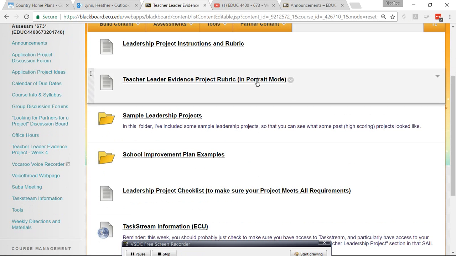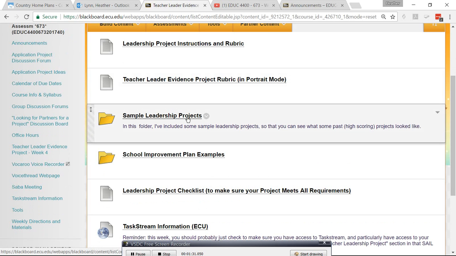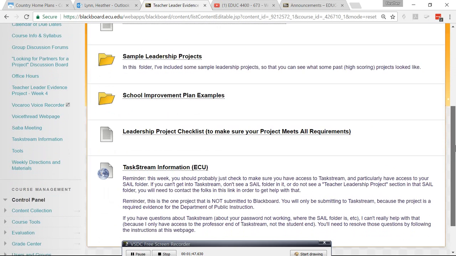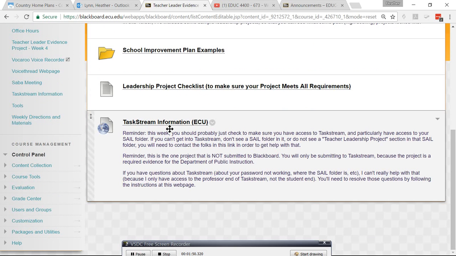Sample projects that give you some basis of what you're creating for your classes. School improvement plan examples, leadership project checklists to make sure your project meets all the requirements, and then TaskStream information. So if you're still trying to access TaskStream, you can find it this way. Let me briefly go through everything first, and then I'll come back to the instructions and rubric.